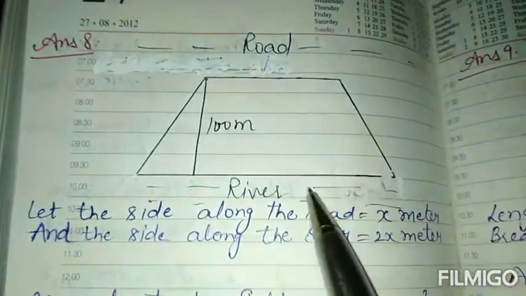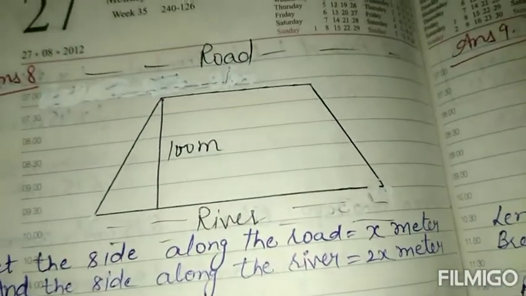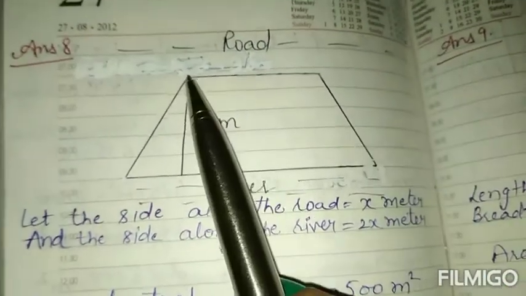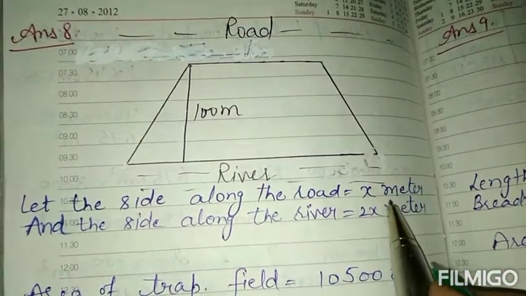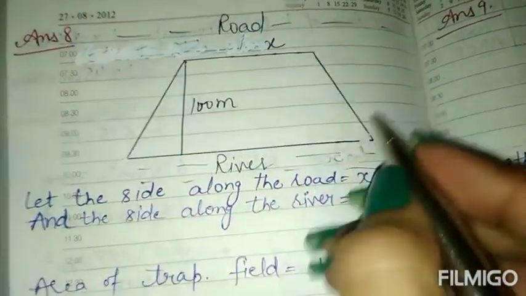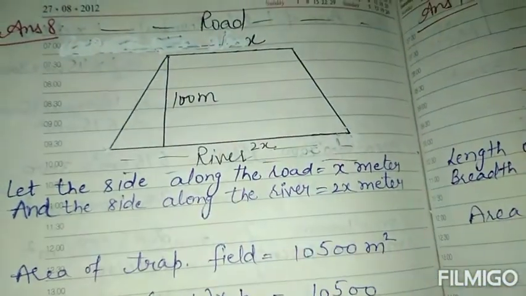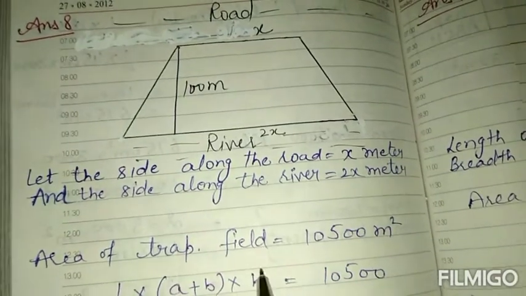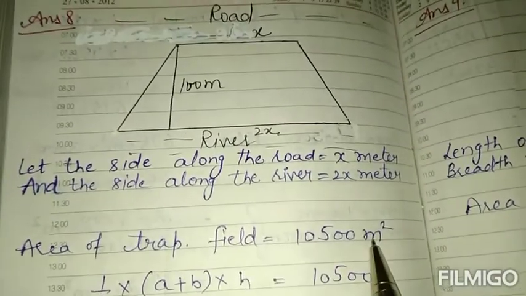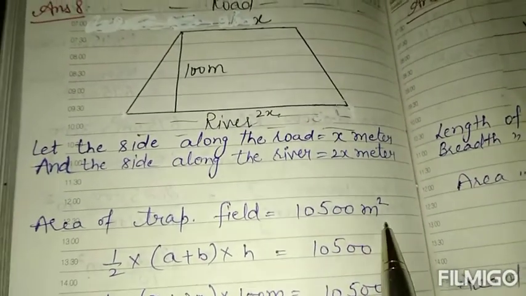So this is the diagram. Let the side along the road equal to x meters and the side along the river is 2x meters. Clear? Now area of trapezium field is 10,500 meters square. It is given.